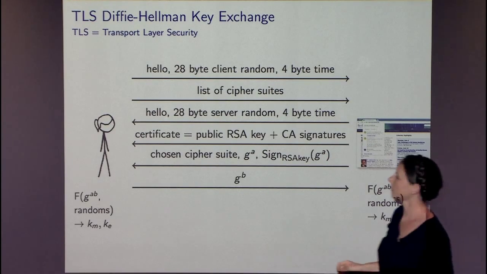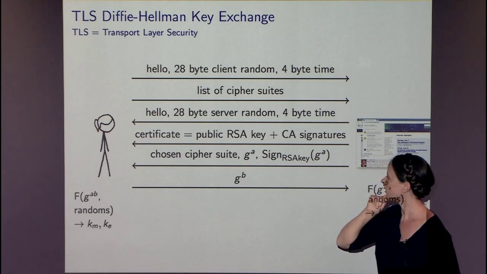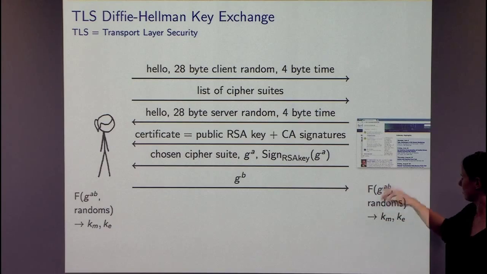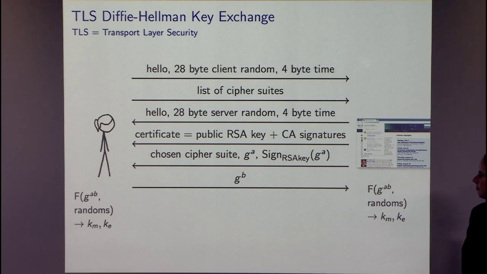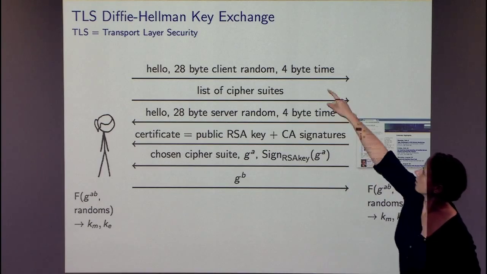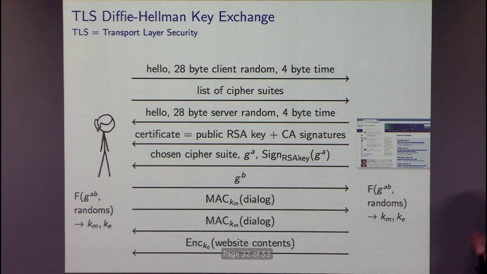Then Alice says, cool, we're speaking Diffie-Hellman. Here's my value g to the b. Now we have a full Diffie-Hellman handshake. We derive some authentication keys and some encryption keys using our Diffie-Hellman key exchange value and the client and server randoms that we exchanged.